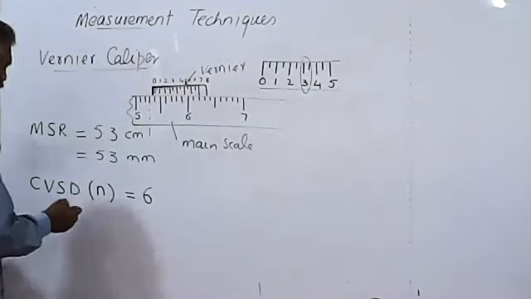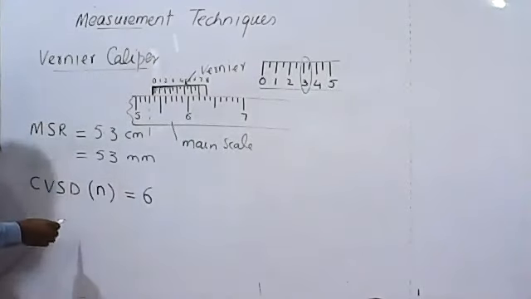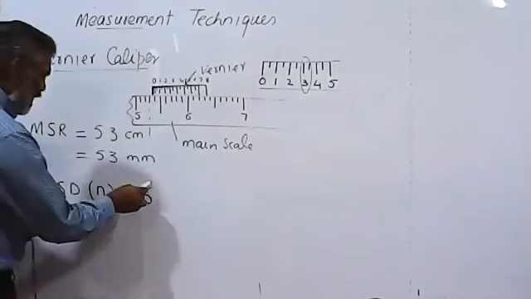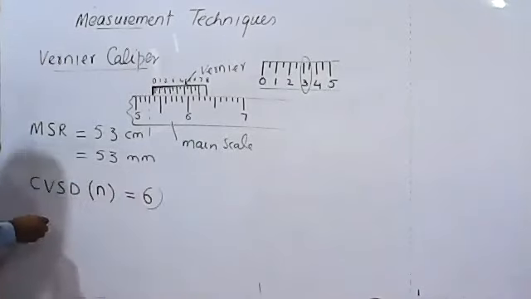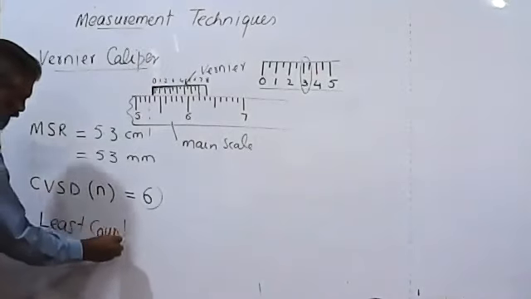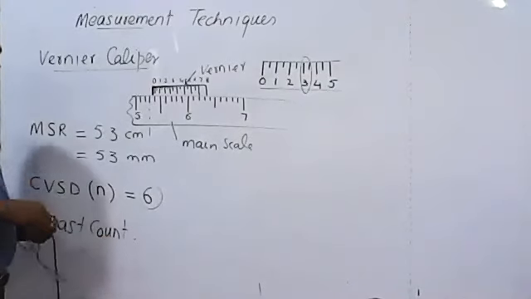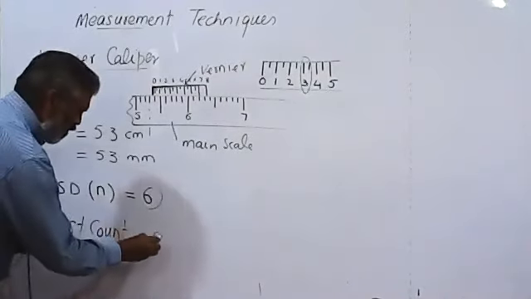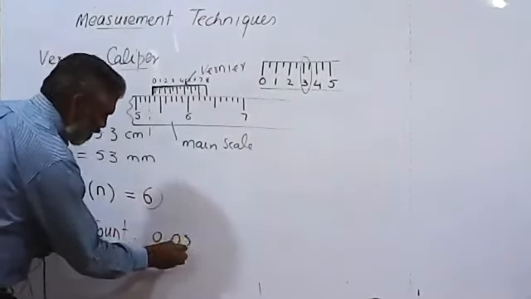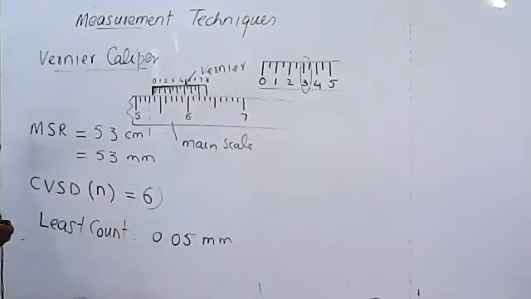After you have decided which one is the coinciding Vernier scale division, you simply multiply this division by the least count. Least count of this scale means the minimum we can measure using this scale, and it is written on the scale. It is 0.05 millimeter. This is mentioned on the scale.